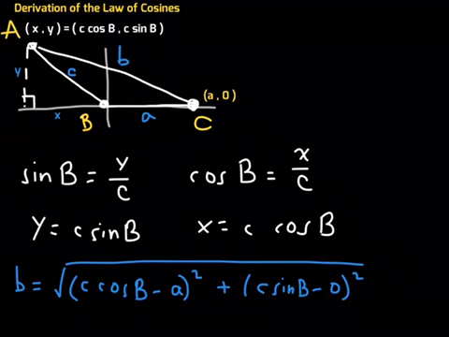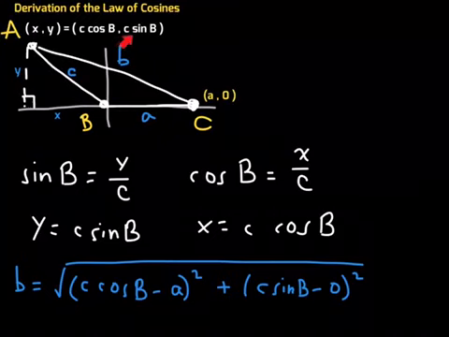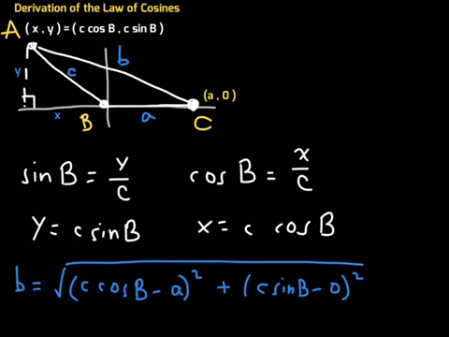Remember, that is to say this x coordinate minus this x coordinate, and then that y coordinate minus that y coordinate, right? Which in this case is c cosine b minus a, quantity squared, plus c sine b minus 0, quantity squared. And of course, the square root of all of that.